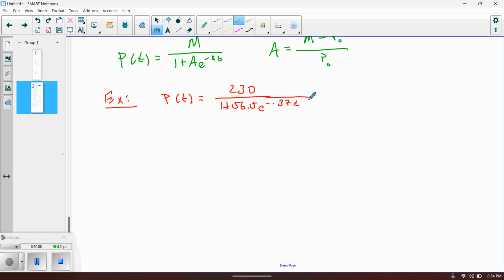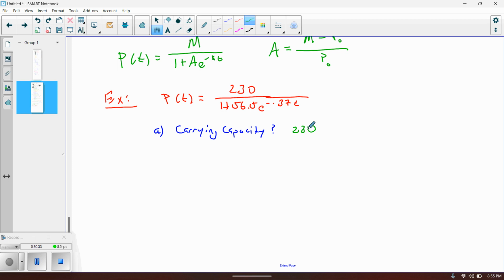Just looking at this, there's a couple of things that you should be able to figure out pretty quickly. Letter A, what's the carrying capacity? Just looking at this, you should know that based upon our formula, the carrying capacity is the numerator number. So the carrying capacity is 230.